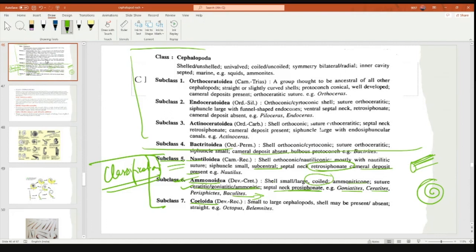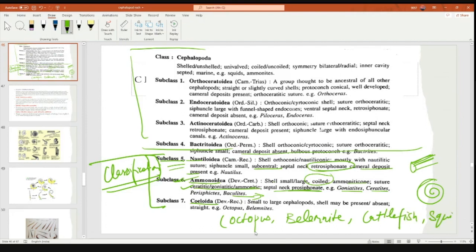And Coeloidea, which generally includes octopus, belemnite, and one more. Cuttlefish, cuttlefish and squid.